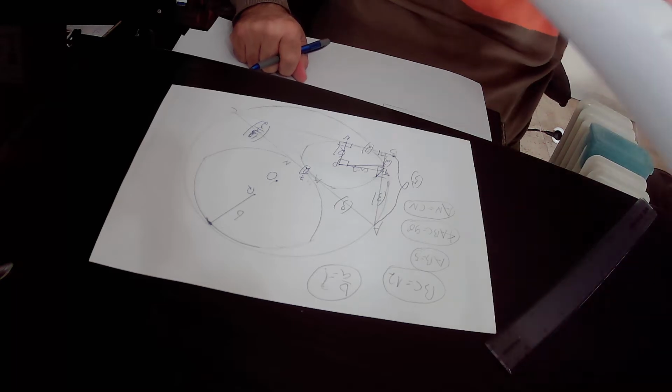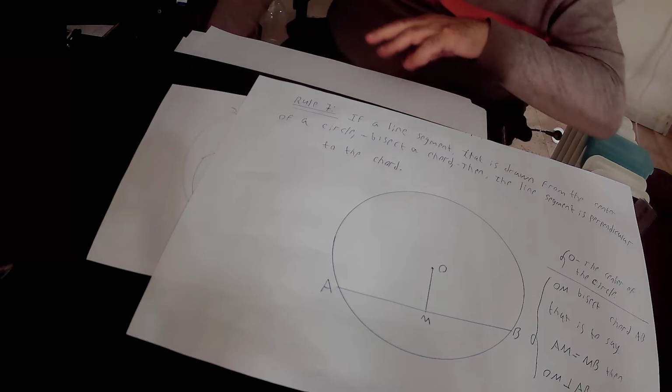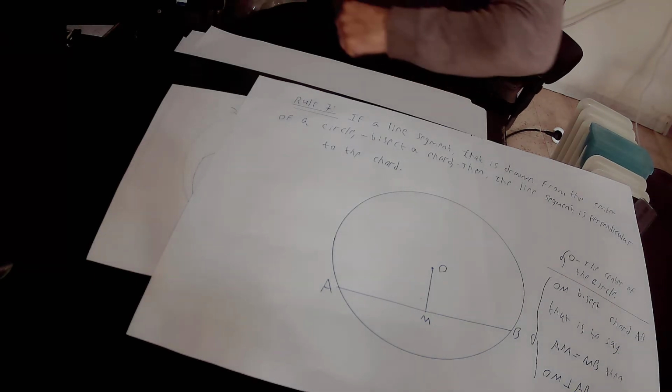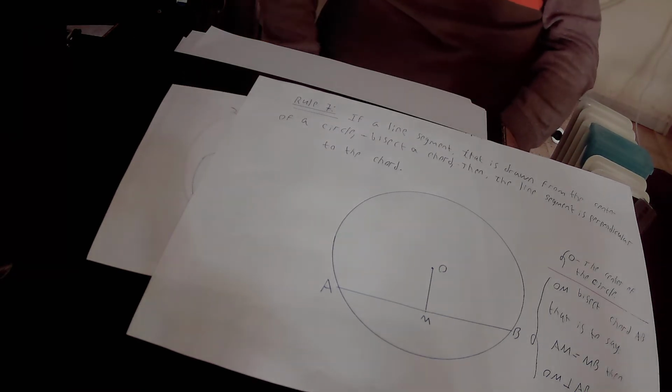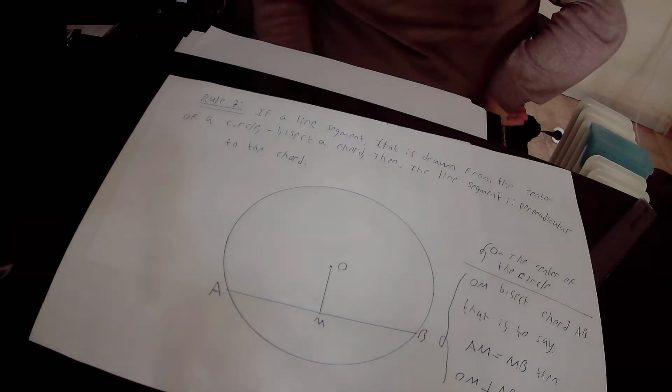According to rule number 7, if a line segment that is drawn from the center of a circle bisects a chord, then the line segment is perpendicular to the chord.